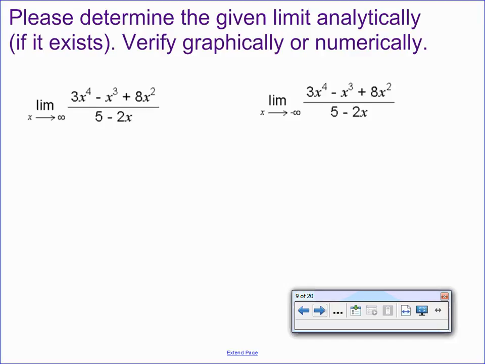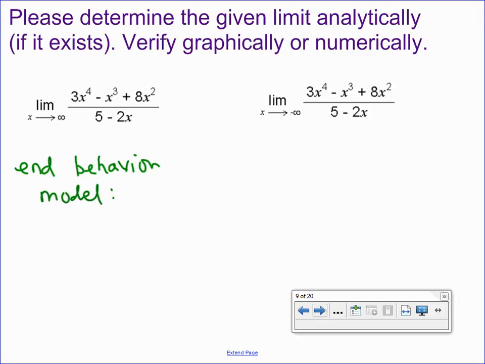Let's go ahead and consider the dominant term on top here. The key to end behavior models is that x is approaching positive infinity or negative infinity. x is getting infinitely large.